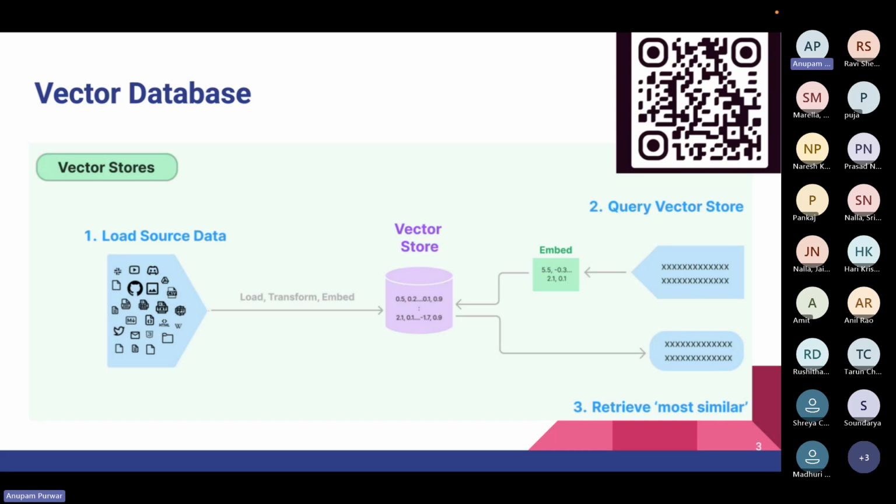Now, similarity would again have some measure, right? Just to simplify it, if it is completely similar, then you can think of the similarity score as 1. If it is not similar at all, then you can say the similarity score is 0. So we don't want any of those vectors for which the similarity score is 0.